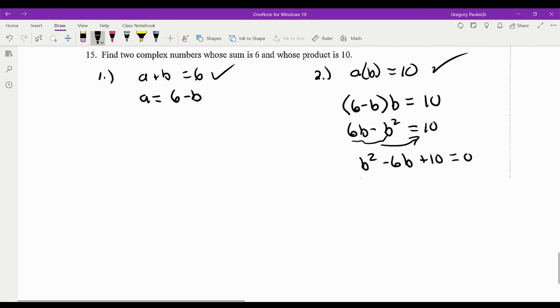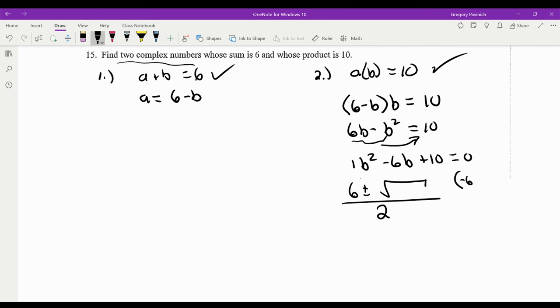Since I know I've got a quadratic, and now I'm going to try to solve that. Numbers that multiply to get 10 that equal negative 6. There aren't any. And it did say complex, so here we go. Quadratic formula. Opposite B is minus square root. Come back to that later. 2 times my A is 2, my A is 1, my B is negative 6, my C is 10.